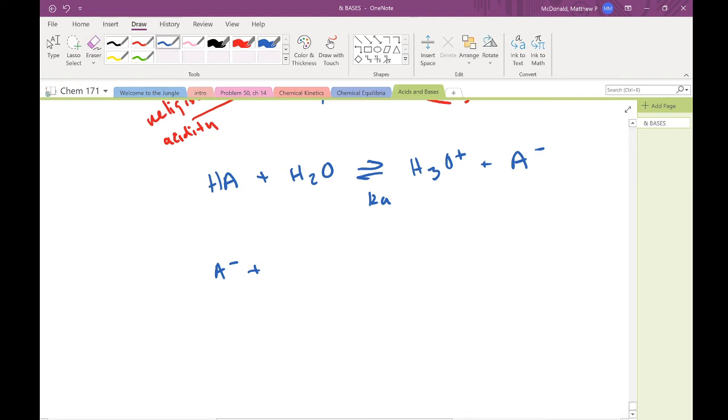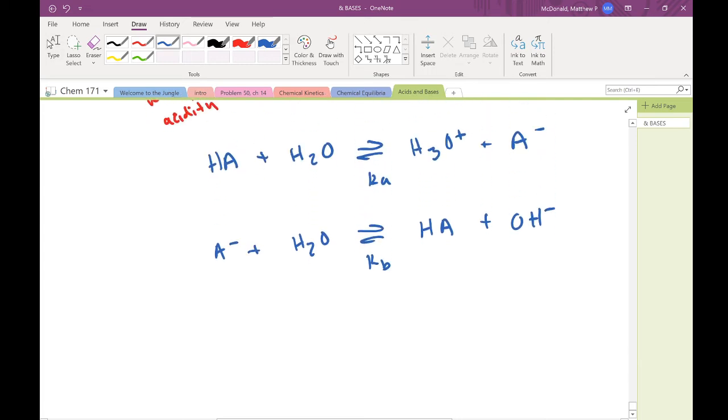Or we have A minus reacting with H2O to form the protonated acid and OH minus. Okay, this would be Kb. So those are the two acid-base reactions we can have with this HA system.